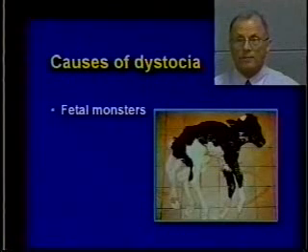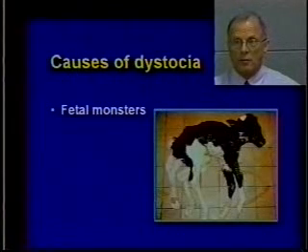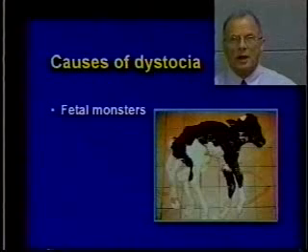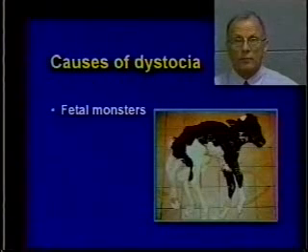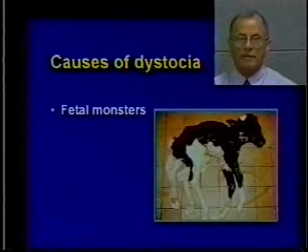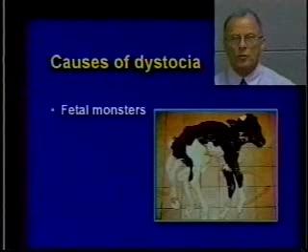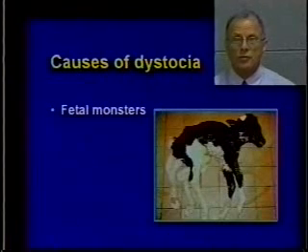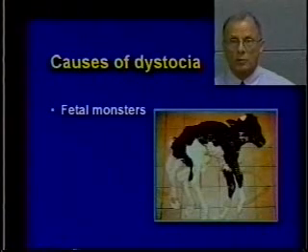These calves then need to be delivered by fetotomy, but we cannot do this as long as the calf is alive, so we may have to pull the umbilical cord to euthanize the calf and then proceed and cut off one head or both heads to cut it down to deliverable size.